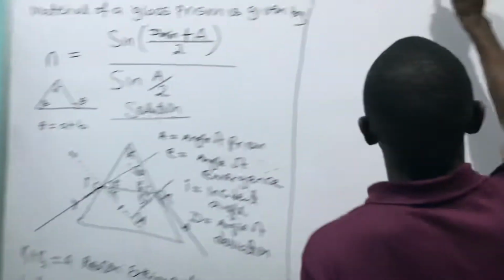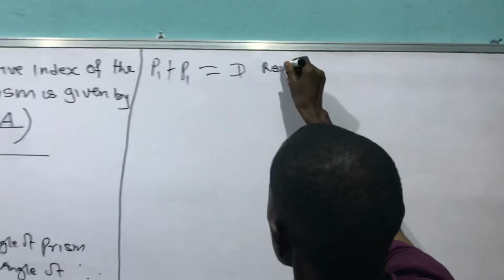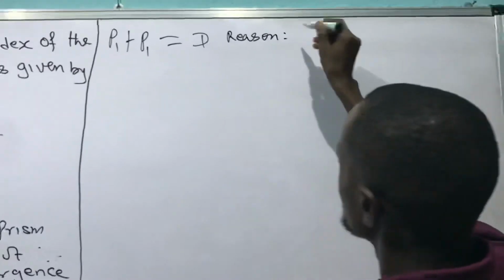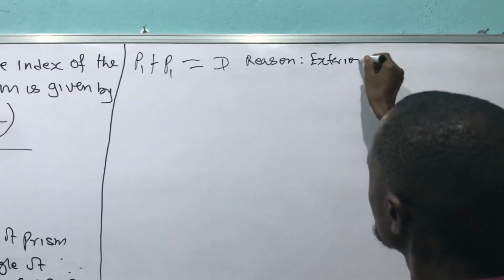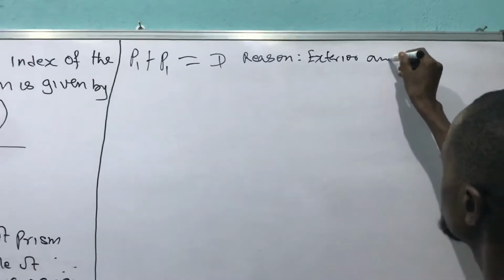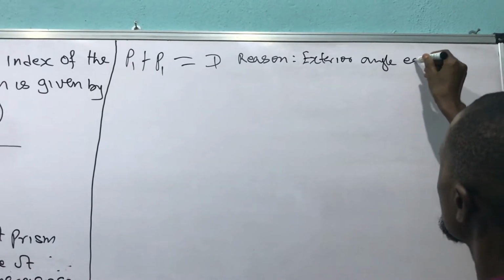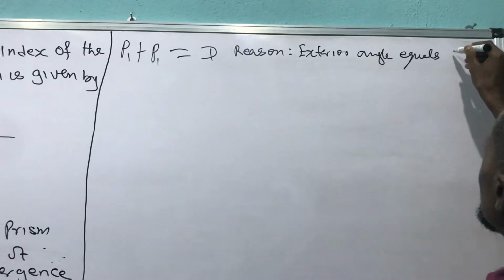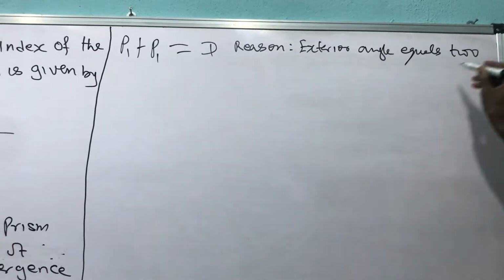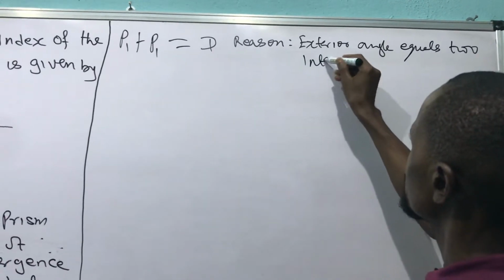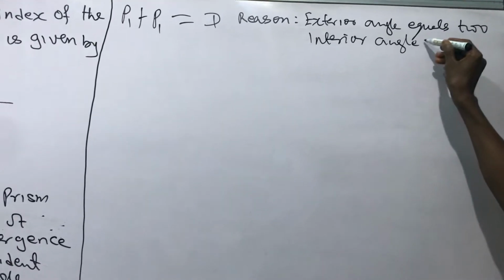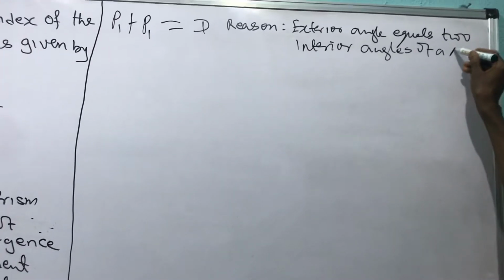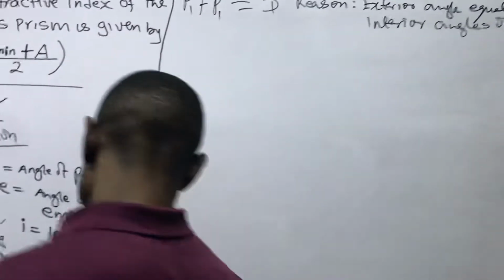And what is the reason? Who said that? The reason is the same. We said exterior angle equals two interior angles of a triangle, which is the same statement we made here.